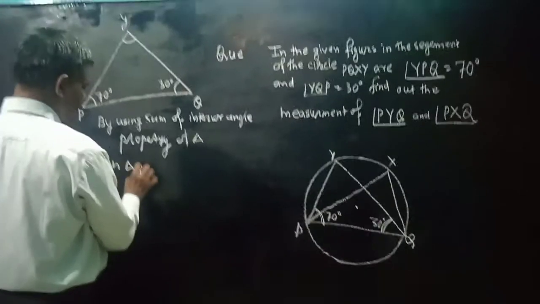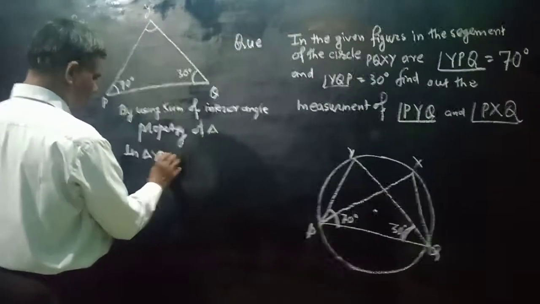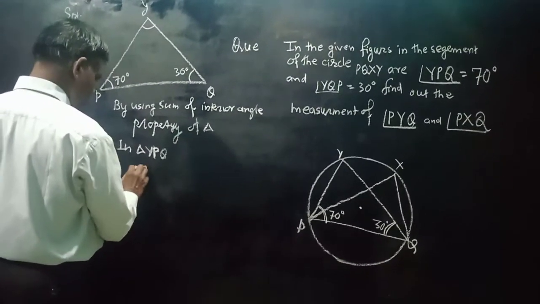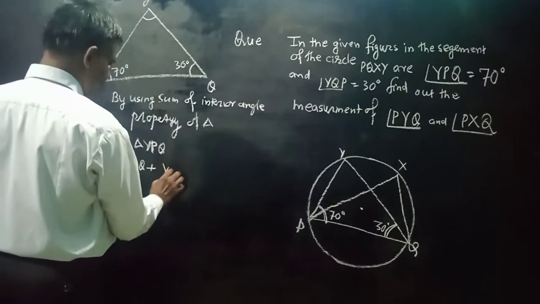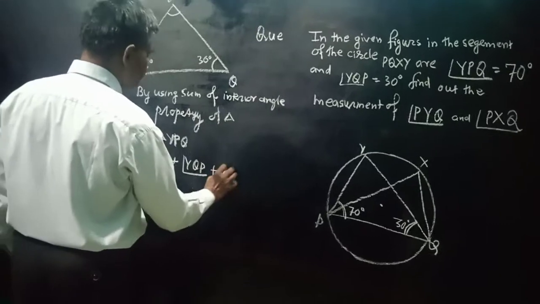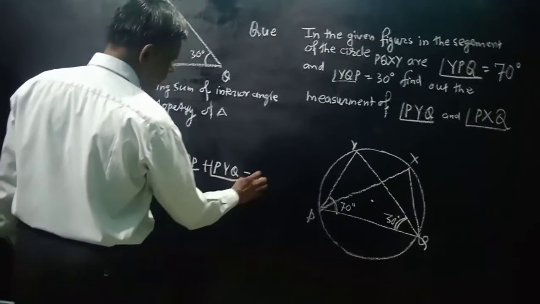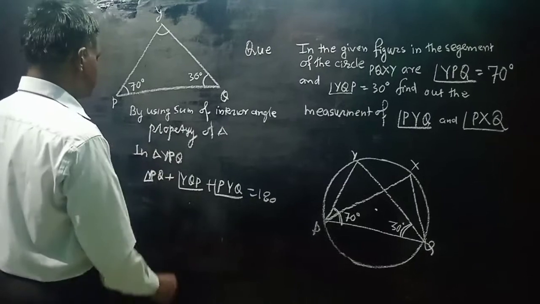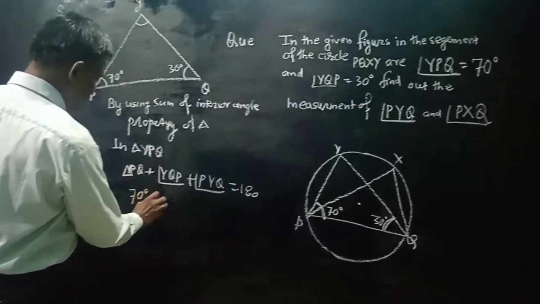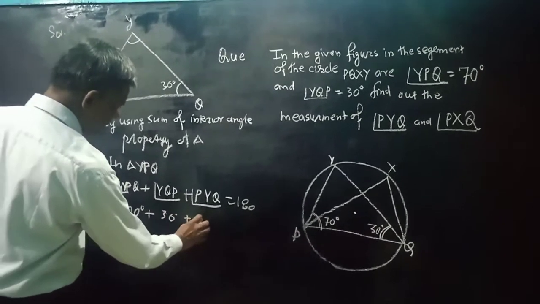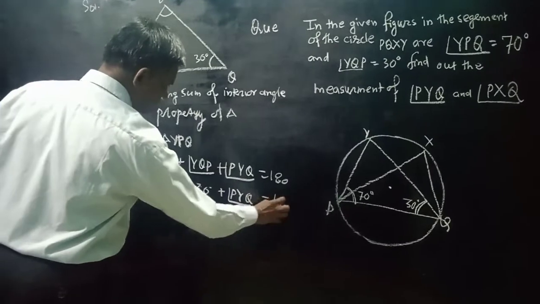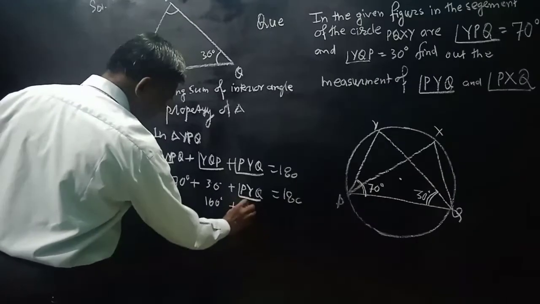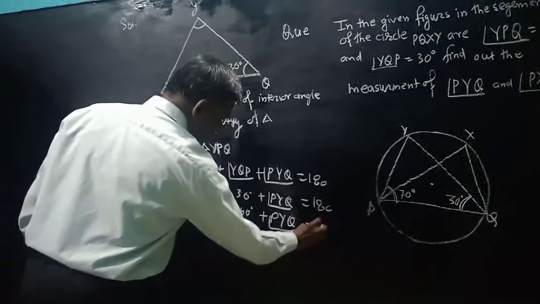Therefore, in triangle YPQ, angle YPQ plus angle YQP plus angle PYQ is equal to 180 degrees. The sum of the three interior angles of a triangle is 180 degrees. So YPQ is 70 degrees, this is 30 degrees, and this is the unknown angle PYQ. 70 plus 30 is 100 degrees, plus PYQ is equal to 180 degrees.